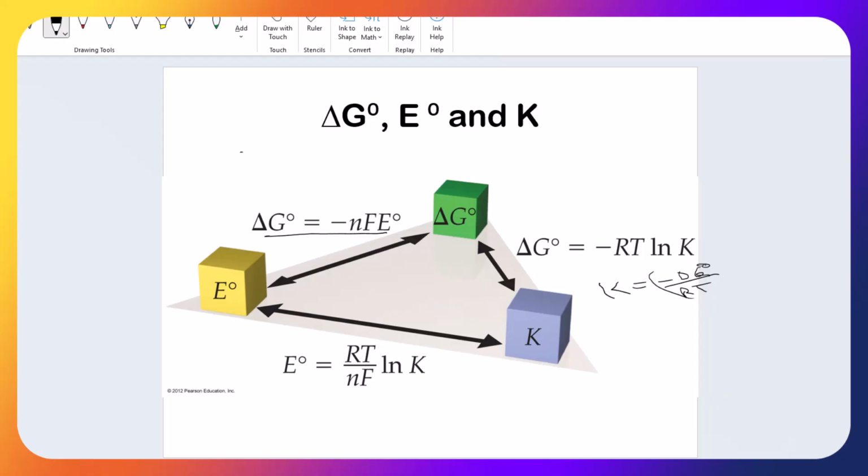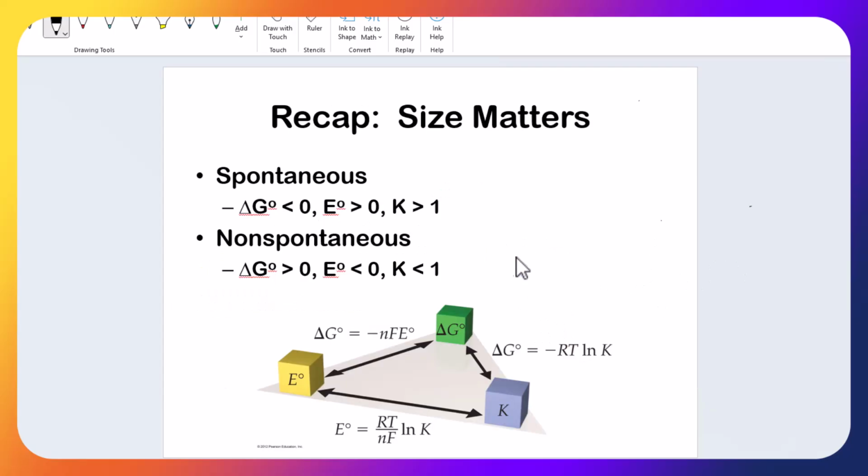That's actually an exponent. To get rid of the natural log, we take the E of that. So we can go back and forth between delta G naught and K using this expression. This is a piece of the Nernst equation, which I will show you in a little bit. And then you've got delta G naught equals minus NFE. So hold on to that.